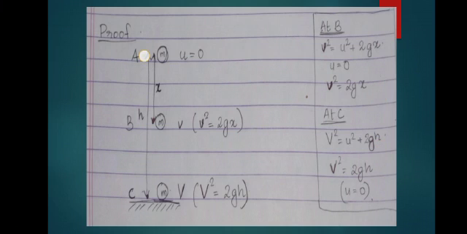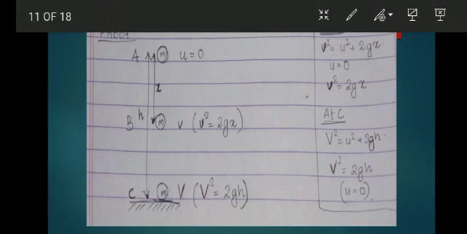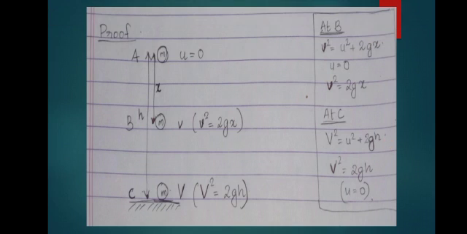Now from A to C the displacement is h, so instead of s we are going to write h here. So we have capital V square equal to 2gh, because u is equal to 0.